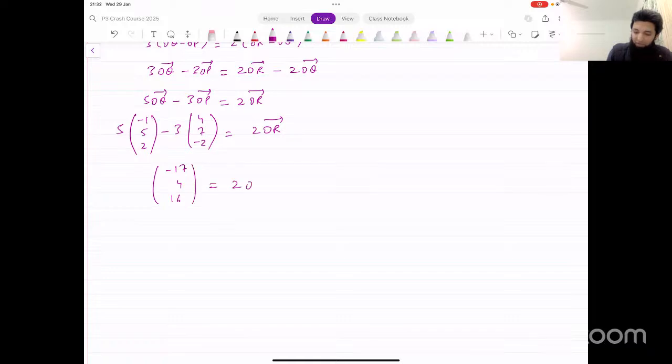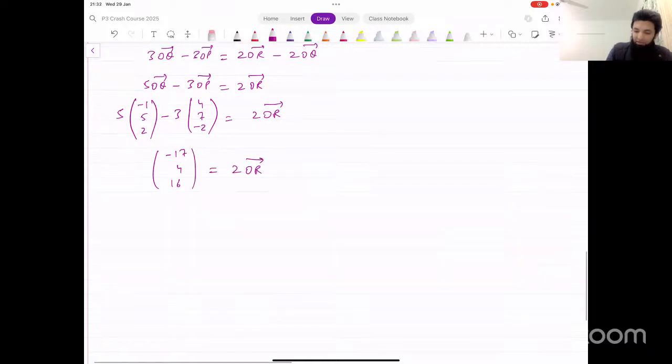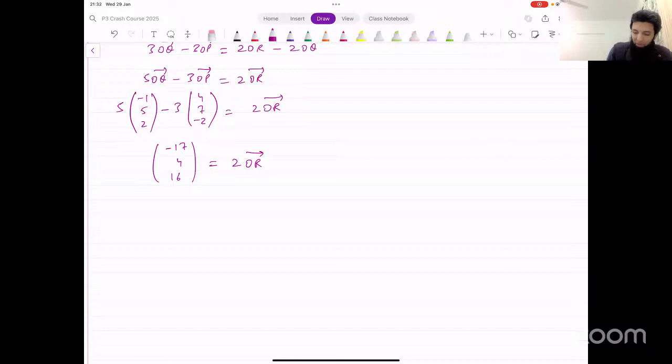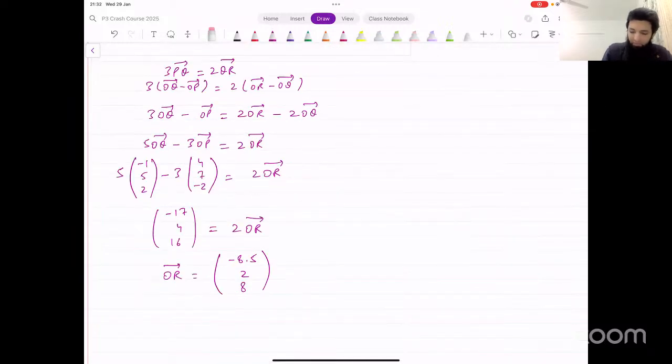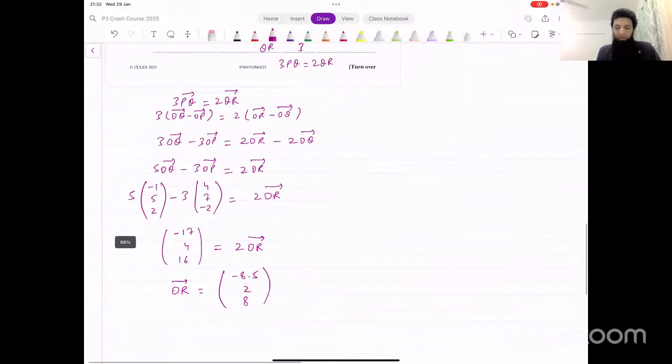So that equals 2 times OR. Divide by 2 on the other side. So you have 1 over 2 times this, and OR turns out to be (-8.5, 2, 8). So essentially, you make OR the subject first, and then you input values rather than inputting them in the beginning. Is that what you were saying? Yes, sir, exactly. Okay, so that could be another way of doing this.